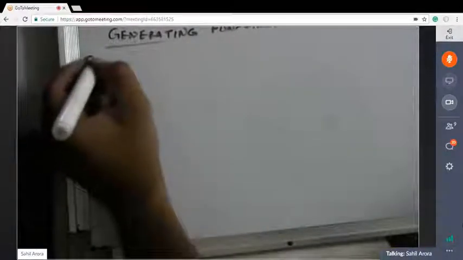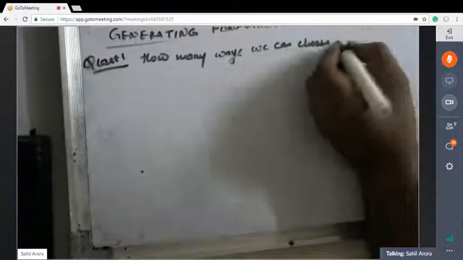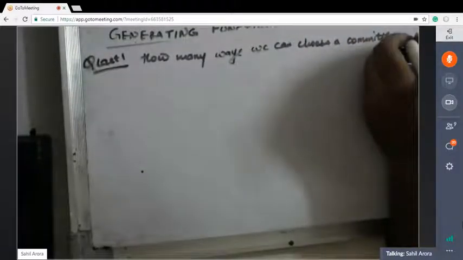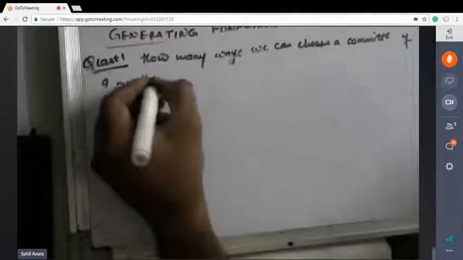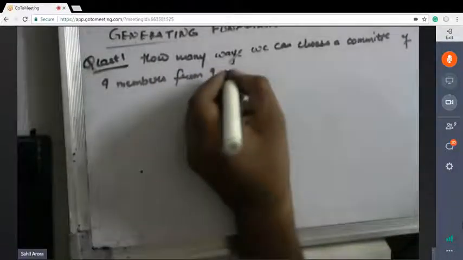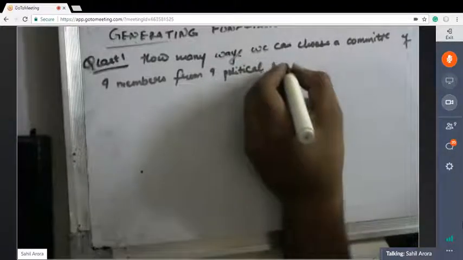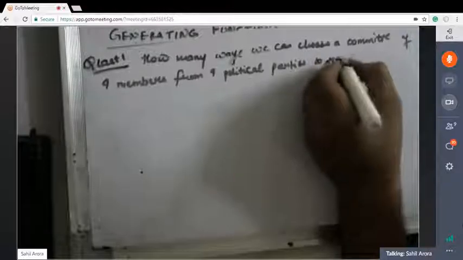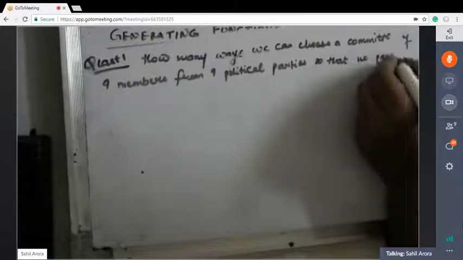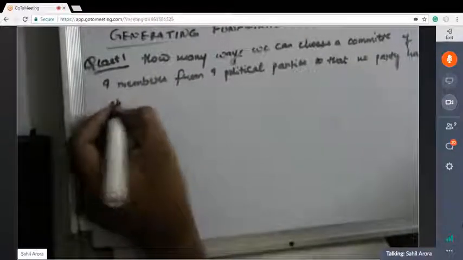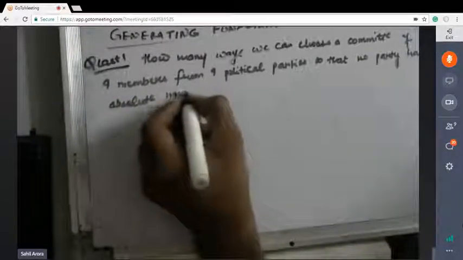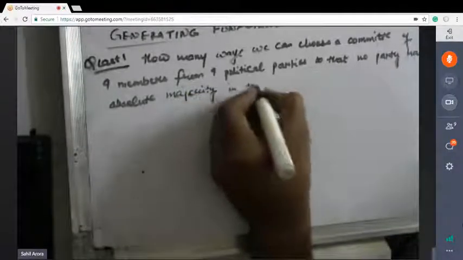Last question. Question says: how many ways can we choose a committee of 9 members from 9 political parties so that no party has an absolute majority in the committee?